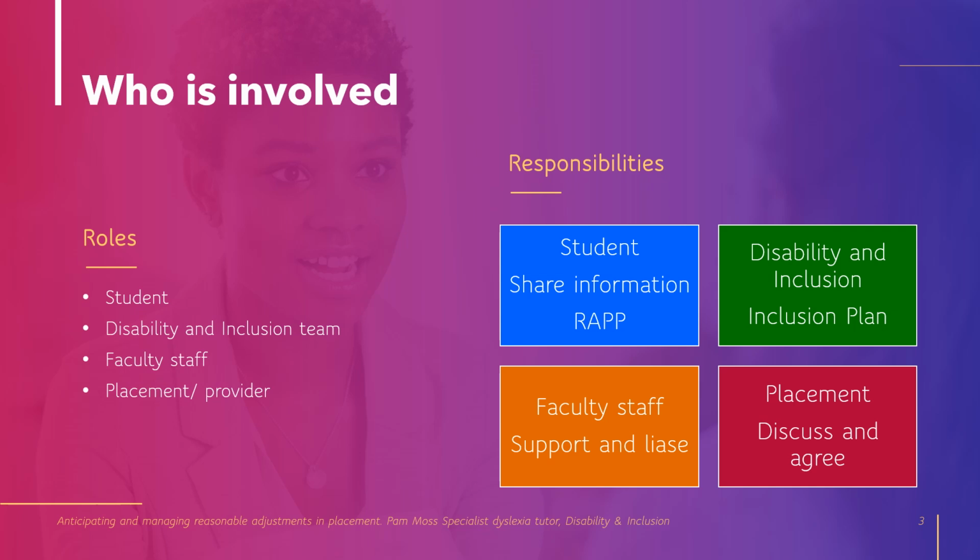And also it may be that a member of the faculty team liaises with the student and the provider regarding the requests for reasonable adjustment. In terms of the placement, it is important that the reasonable adjustment placement plan is shared with the placement so they can discuss and agree whether your requests are indeed reasonable or not.